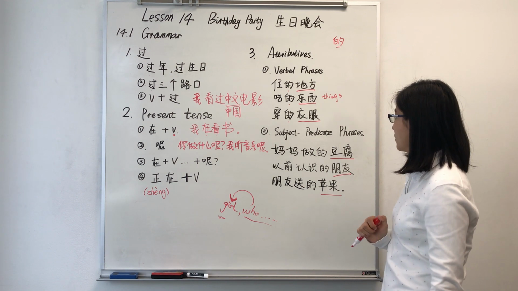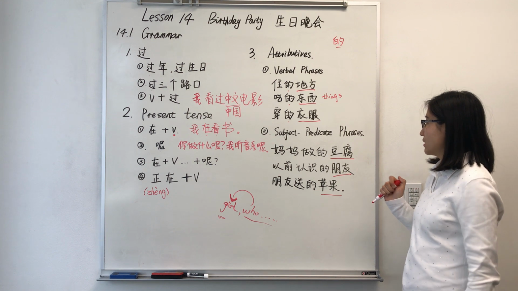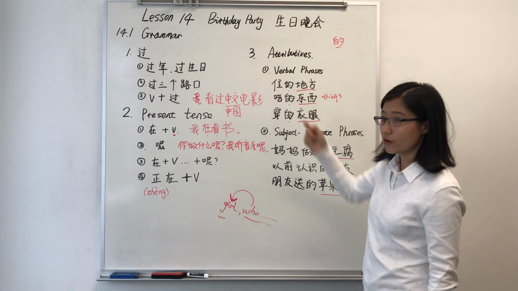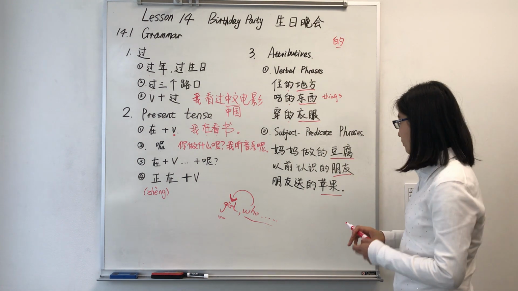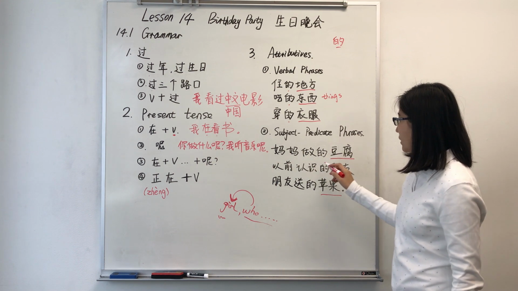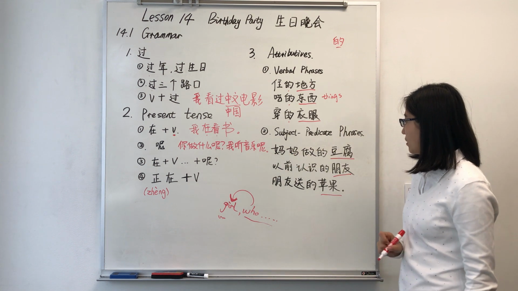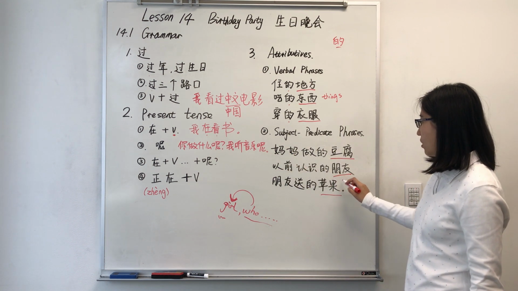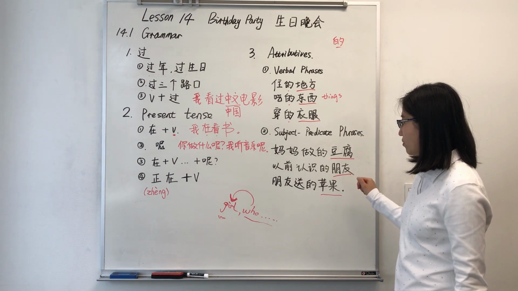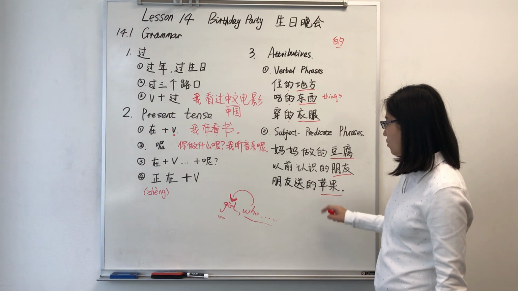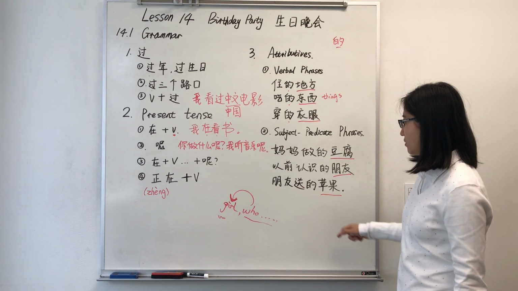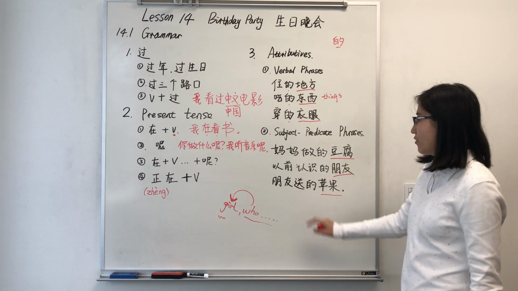Next one is the subject predicate phrases. For this one, the front is not a verb, it's a sentence. 妈妈做的豆腐, 豆腐 cooked by mom. 以前认识的朋友, 朋友, 以前认识的, the friend I have known before. 朋友送的苹果, the apple given by my friend, or the apple which is given by a friend.